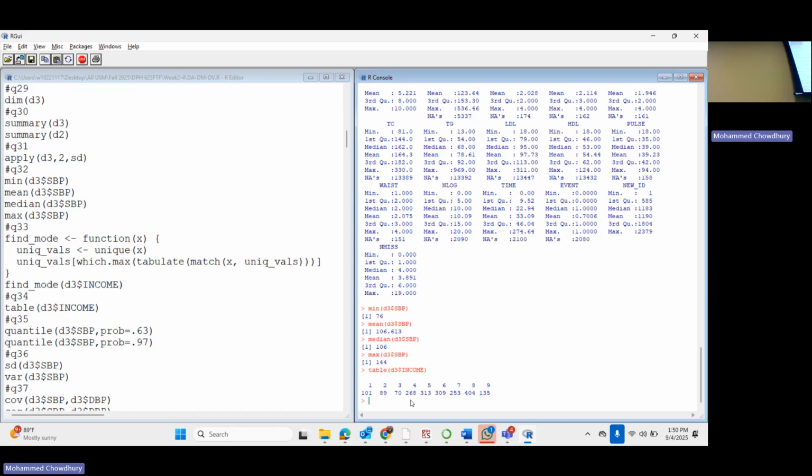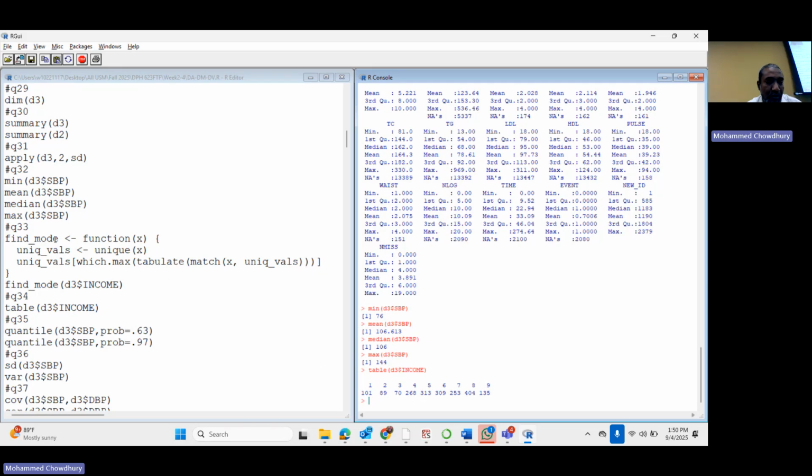But how can I find that 404 by looking individually? With table we get the entire frequency for the income variable, but to find that specific one, we have to write a small function.